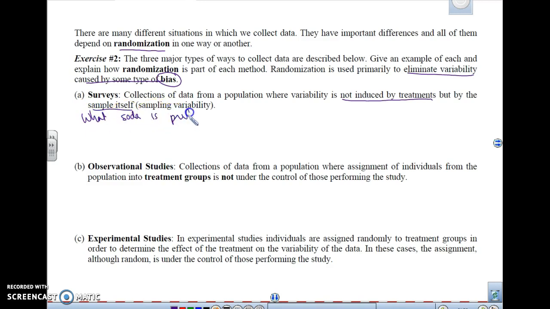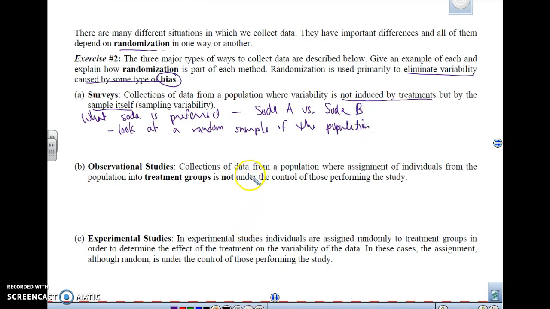For example, soda A versus soda B. If a marketing company does that, you are looking at a random sample of the population. So where would we go to get a random sample of the population? Well, probably a place where everybody goes, where there's no particular bias.